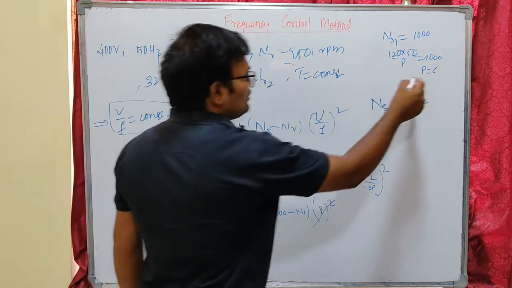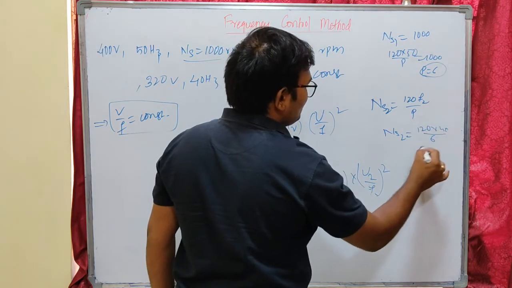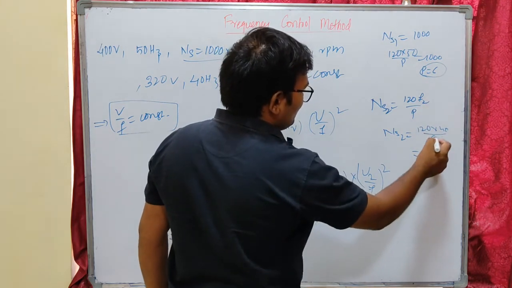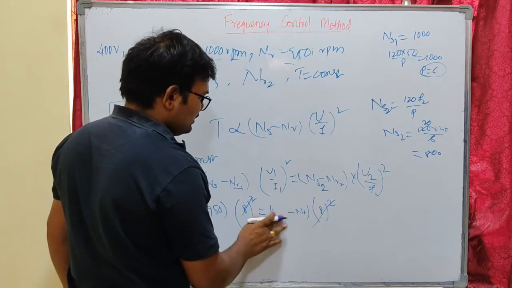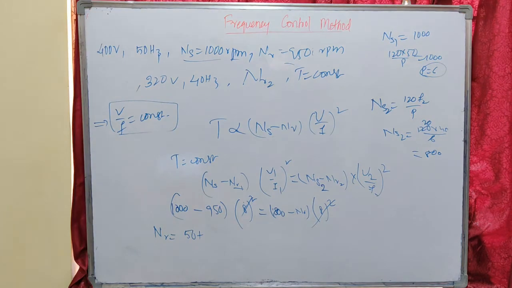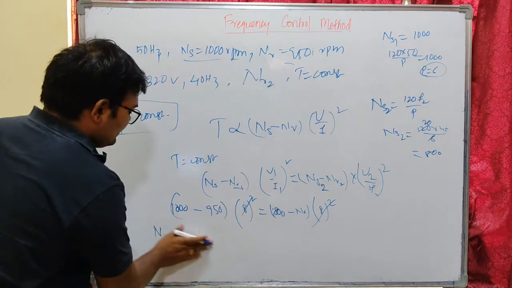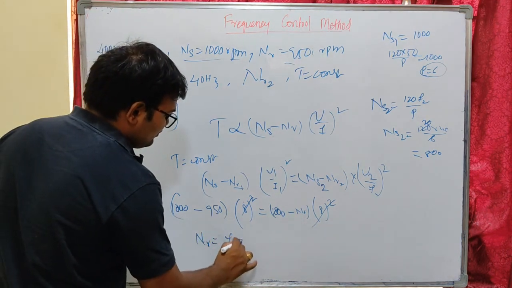So number of poles are 6 here, so you can substitute in Ns2, so that 120 into 40 by 6, that is 800. So the speed is 800, and V by F ratio are constant. So you can find that Nr equal to 750 rpm.